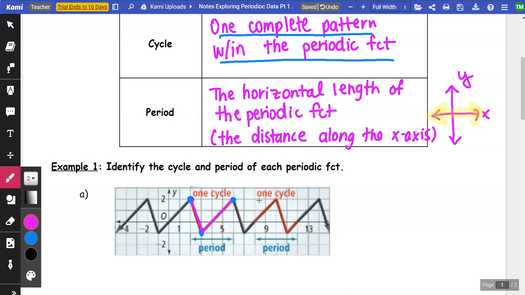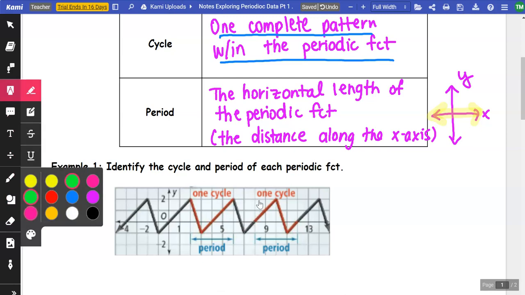We can also identify a cycle starting at any y value that we want. If I wanted to start at the y value of 0, I'm going to erase these markings real quick and use a highlighter. I start at 0, come up to 2, down to -1, and back up to 0.